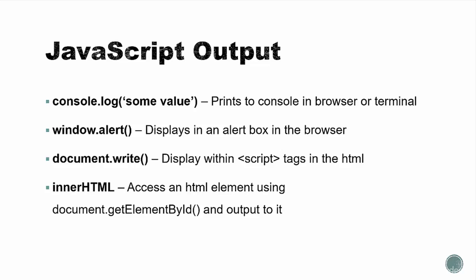We also have window.alert or just alert, which will display content in an alert box that pops up in the browser. We have document.write, which can display content within a script tag in the HTML. And then we also have innerHTML, which we can use by accessing an HTML element with document.getElementById and then output it to that element.